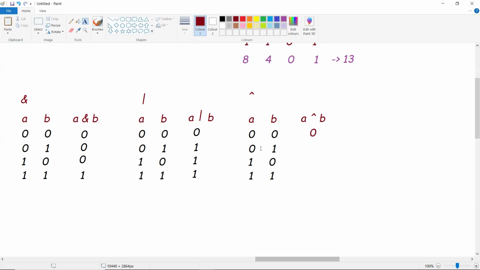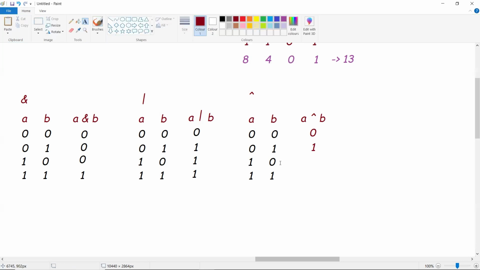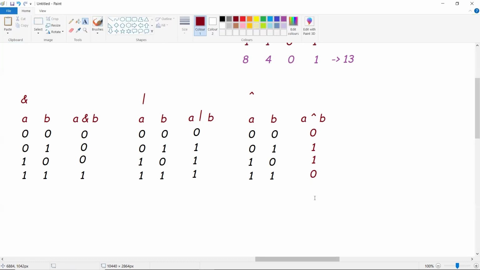Now 0 1, the bits are different, so the output would be 1. 1 0, the bits are different, the output would be 1. 1 1, both bits are the same, so the output would be 0. So this is XOR. Let's take one or two examples and try to find how we get it.